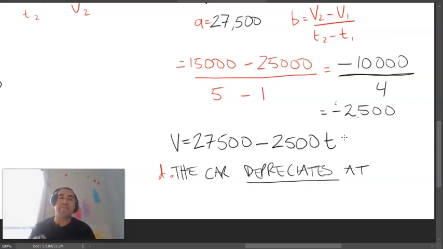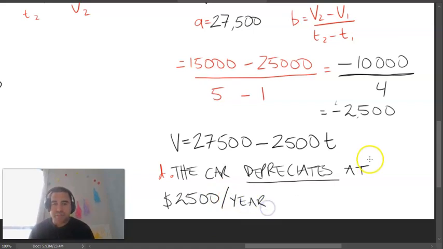As long as you have the context of the negative, you don't have to write the negative symbol within your answer. Okay, so the car depreciates at $2,500 per what's the time frame? Year. So it's per year.